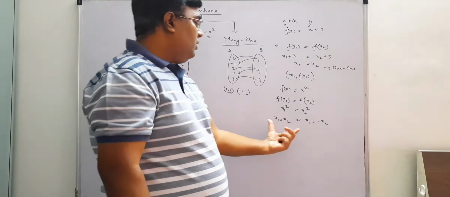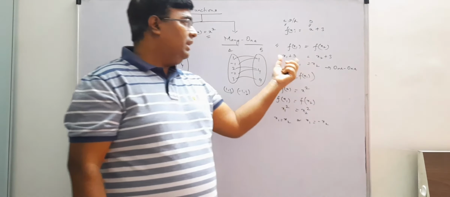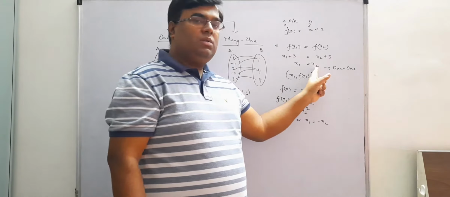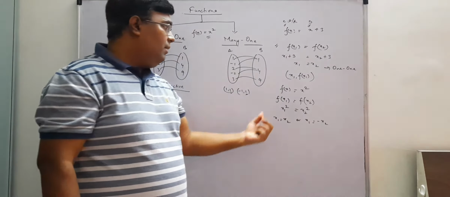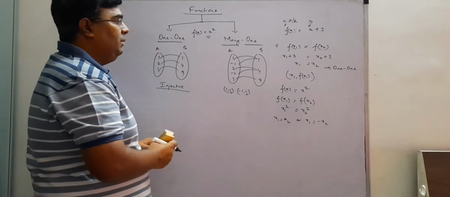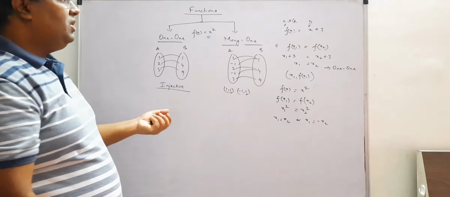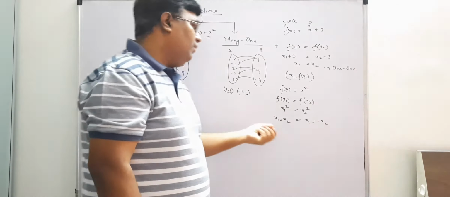Hence we are getting two conditions here, right? If there is only one condition, and that is where x1 is equal to x2, it is one-one. But if we get more than one condition, it is not one-one. So it will be many-one. So this is the method to prove whether a function is one-one or many-one.